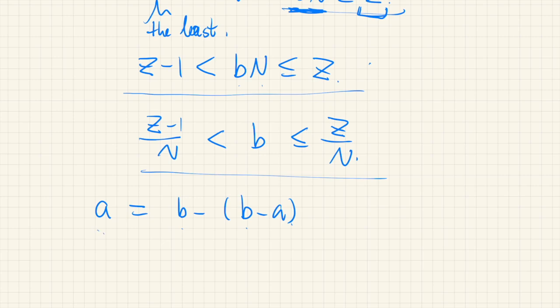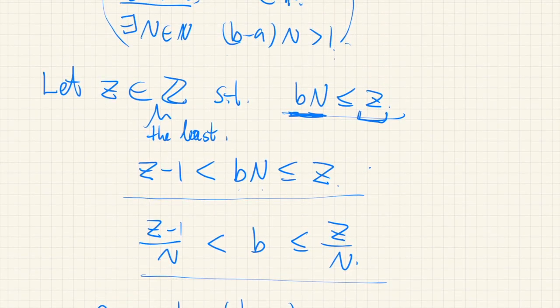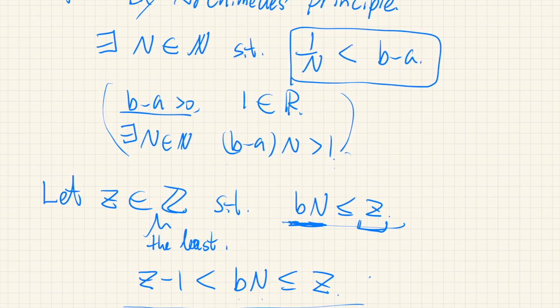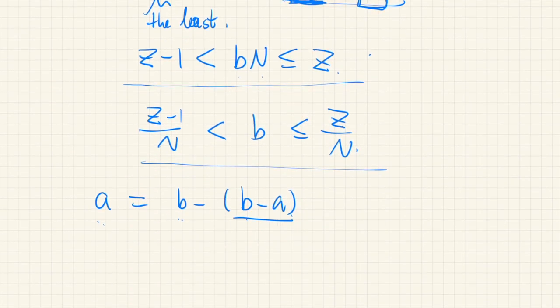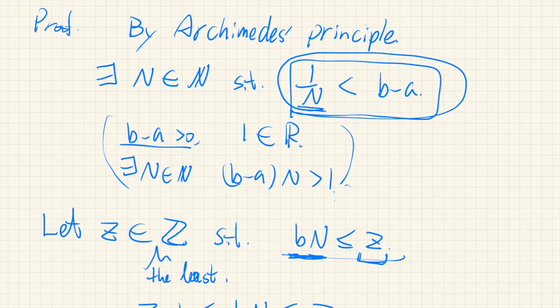So a is just equal to this. And here we have b minus a, which appeared here. Okay, so b minus a is greater than 1 over n. So we have a negative sign here. So this is less than b minus 1 over n. Okay, so this one.